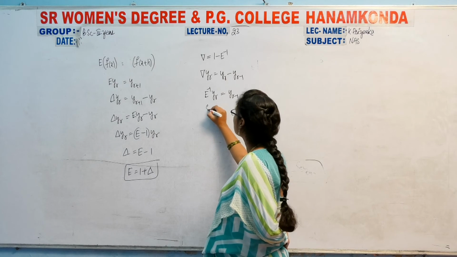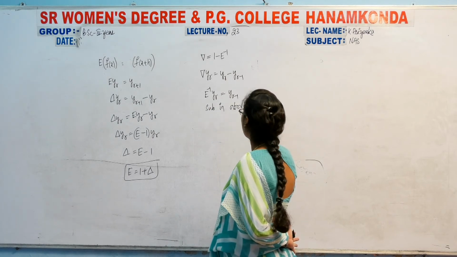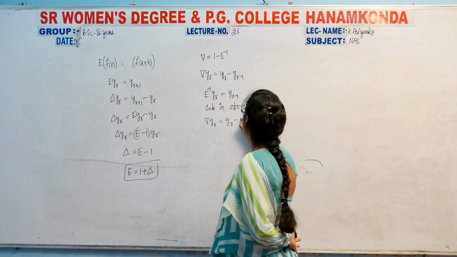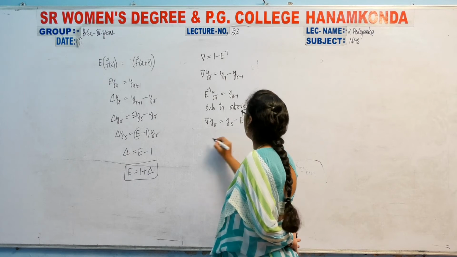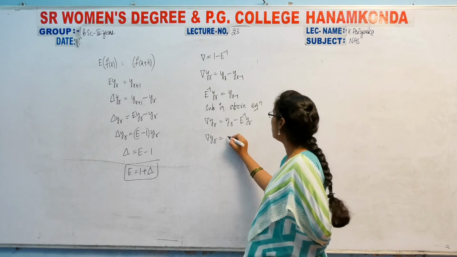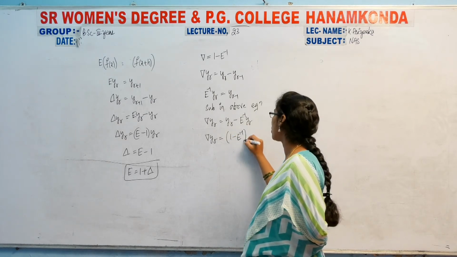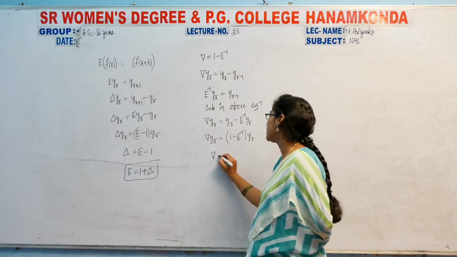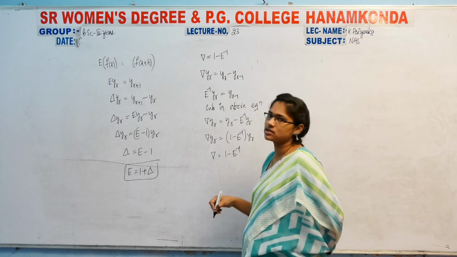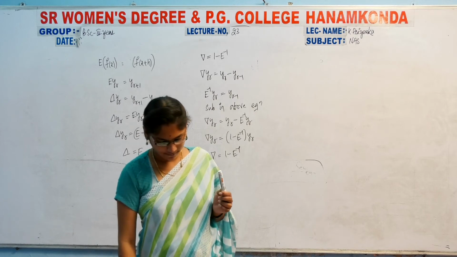Now substitute in the above equation. Then what we get, backward y r is equal to y r minus e power minus 1 y r. Now backward difference of y r is equal to y r, taking y r common, 1 minus e inverse of y r. Now simply backward is equal to 1 minus e inverse. That's it. This is a proof. I am giving the proofs. You have to prepare all these also.